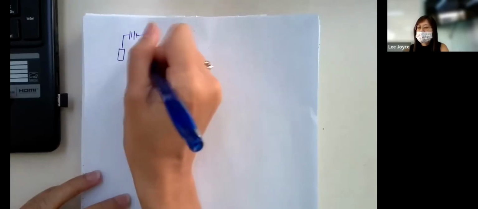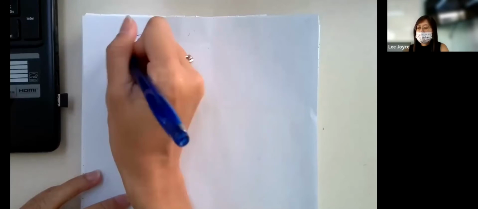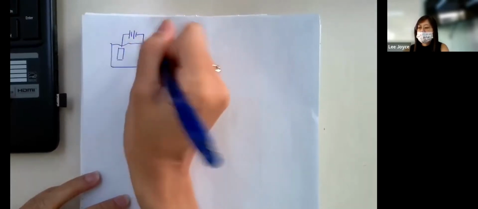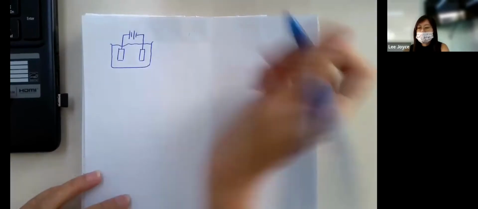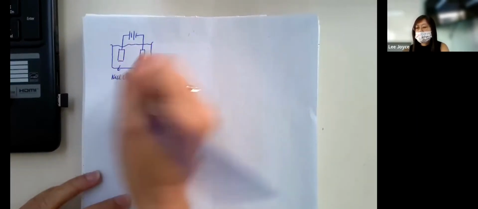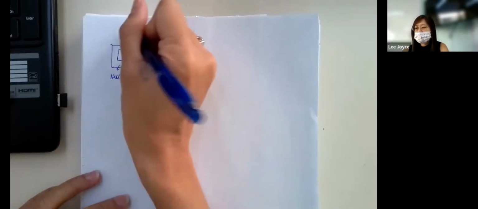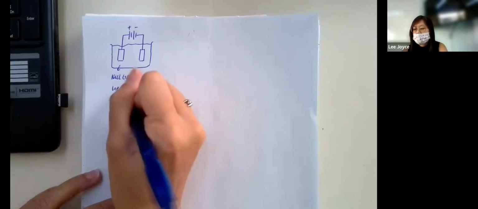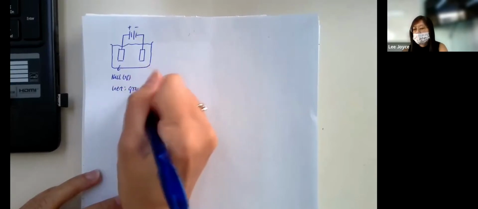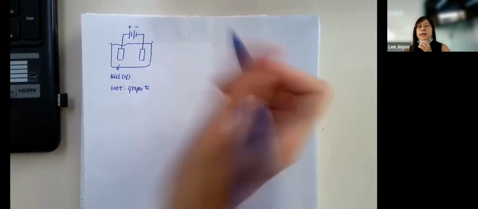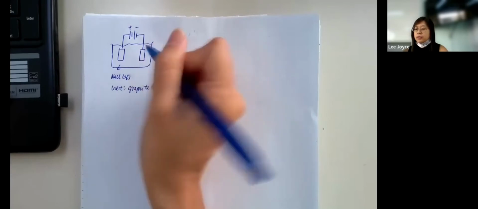The inert electrodes are basically the carbon electrode, the platinum, or the graphite. So let's say we talk about this sodium chloride solution. Both of them are inert electrodes, that is the graphite or the carbon. When we turn on the current, the Na+ ions will get attracted towards the cathode.